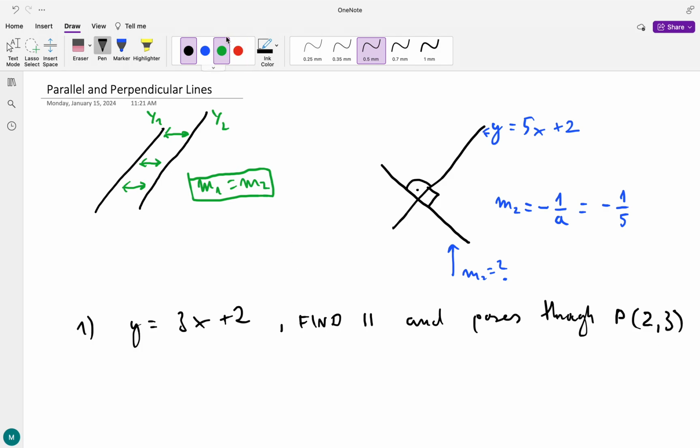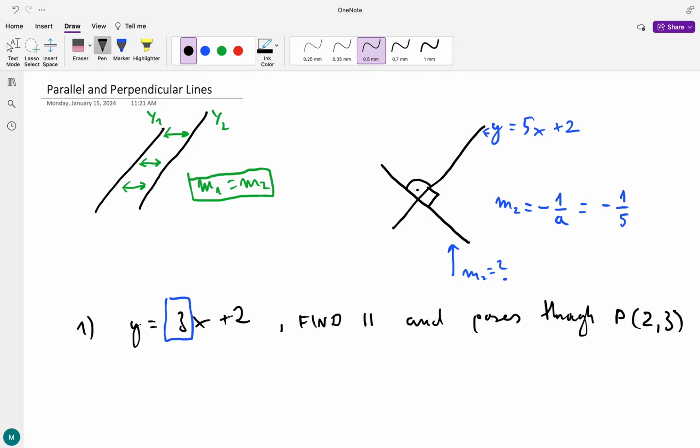What we need to pay attention to: the equation of this line is basically irrelevant, right? Because we want to find a line that's parallel to it, all we need to take out is the slope. And once again, the slope of parallel lines is exactly the same. So we don't need to do any math around it. It remains 3.